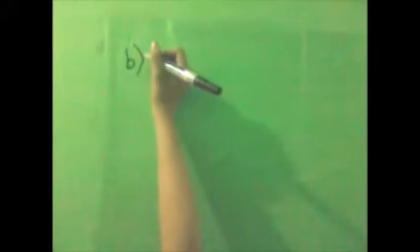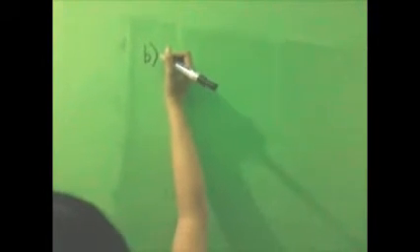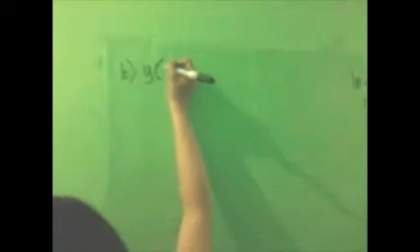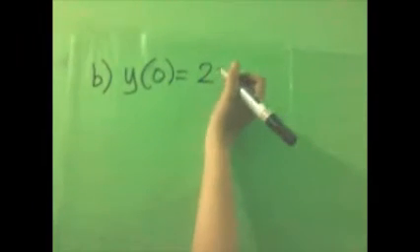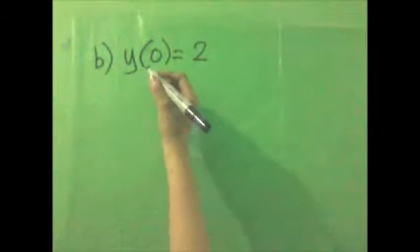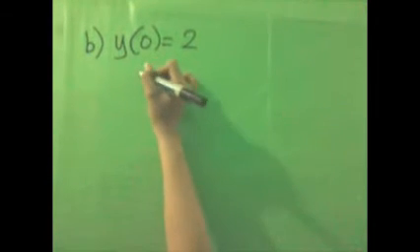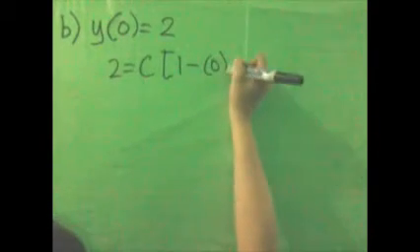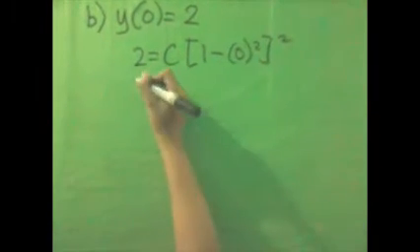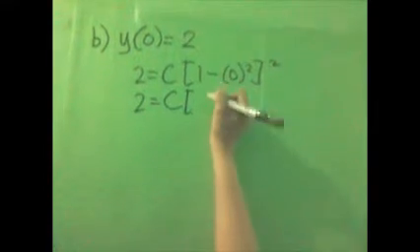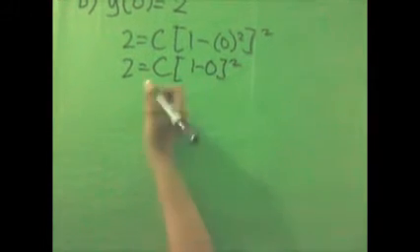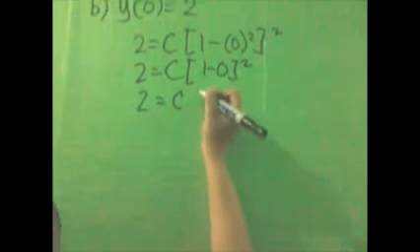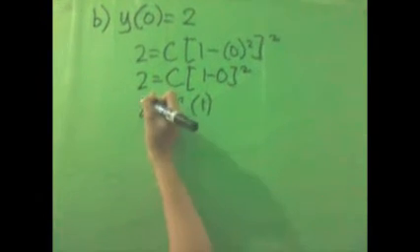Solving for the next condition, we have y of 0 is equal to 2. Using again the value for y, we have 2 is equal to c times (1 - 0 squared) squared. 2 is equal to c times 1.